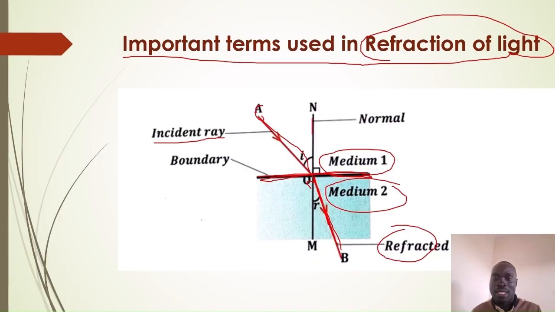The line that cuts the boundary line perpendicularly at 90 degrees is what we call the normal. And when the refraction happens, we see that the angle of incidence i is greater than the angle of refraction r.